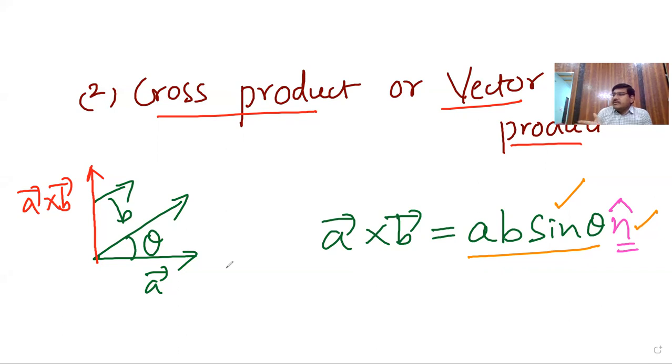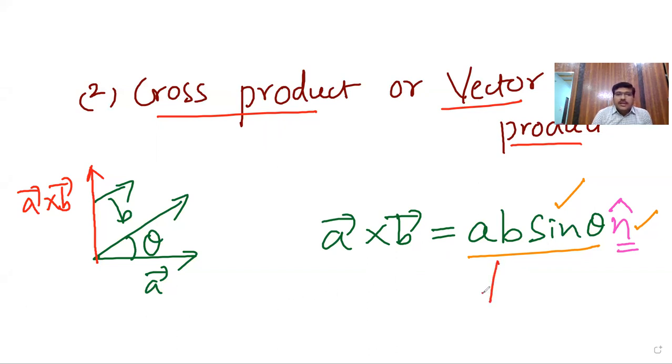Fingers should be pointed along the vector, then you have to curl towards the vector with which you need the cross product, a bar cross b bar. Along a bar you straighten the fingers, then curl them towards b bar. Then the right hand thumb will be in the upward direction, which shows the a bar cross b bar direction. Clear? This is the simple revision of the concept.